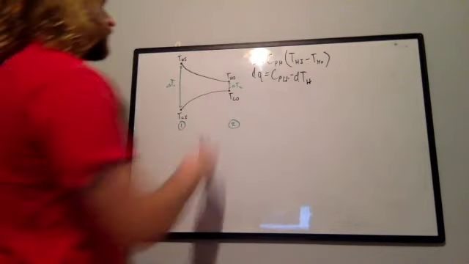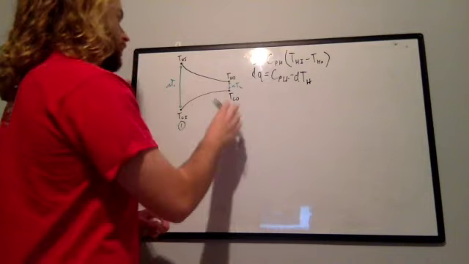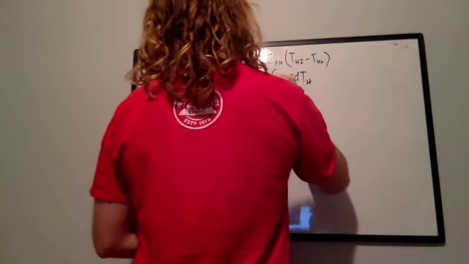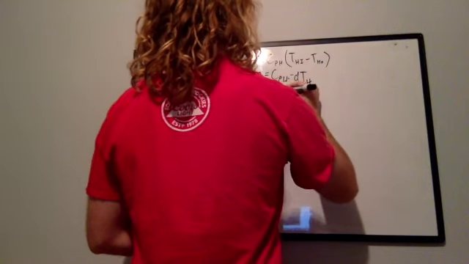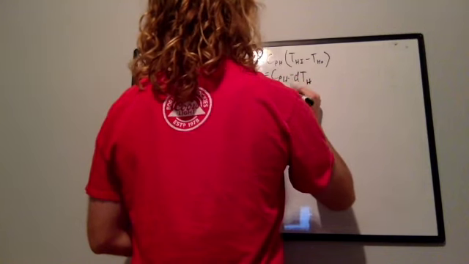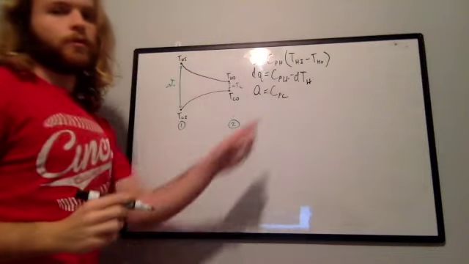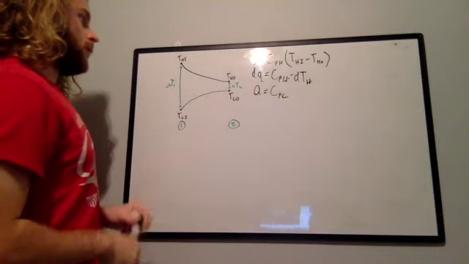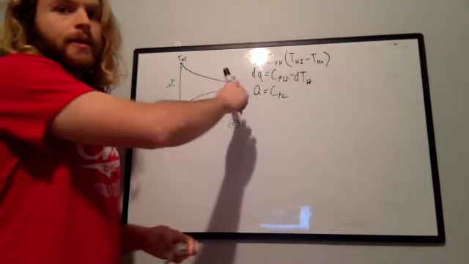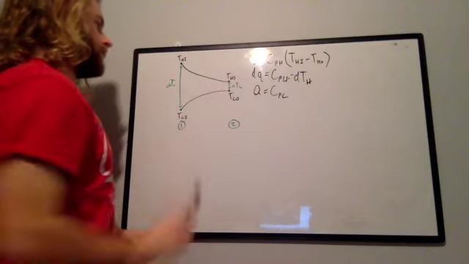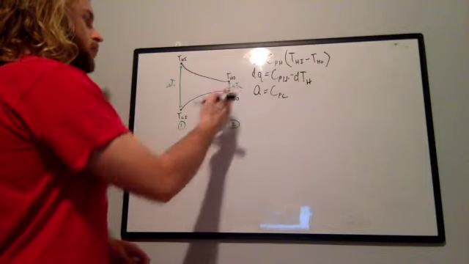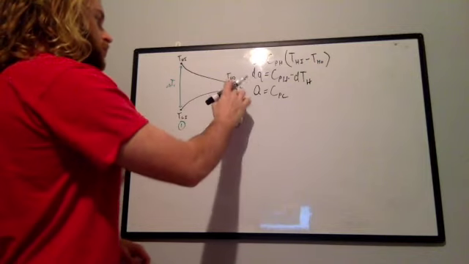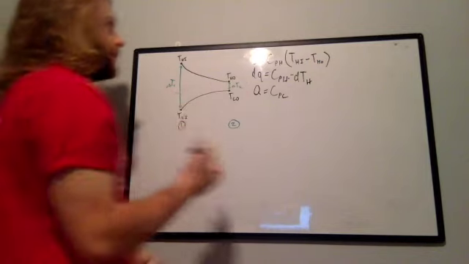And then over here, when we represent our cold channel, it's going to be very much the same. This will become CPC over here to represent our cold channel. And then we will have TCO minus TCI because we want this term to be positive right here. And this outlet temperature is always going to be higher because it's gaining heat.